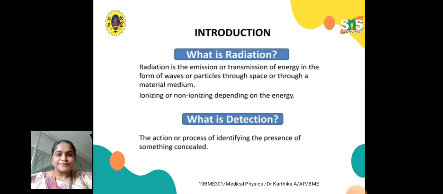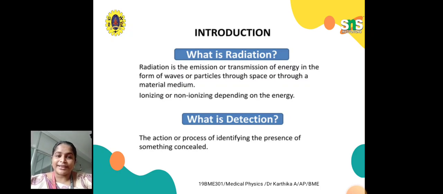First of all, what do you mean by radiation? We know that radiation is the emission or transmission of energy in the form of waves or particles through space or through a material medium. Here we have ionizing and non-ionizing, depending upon the energy. And what is detection? The action or process of identifying the presence of something concealed is called detection.